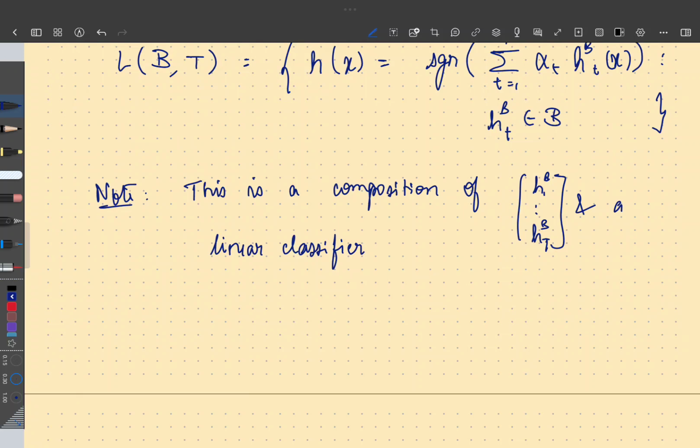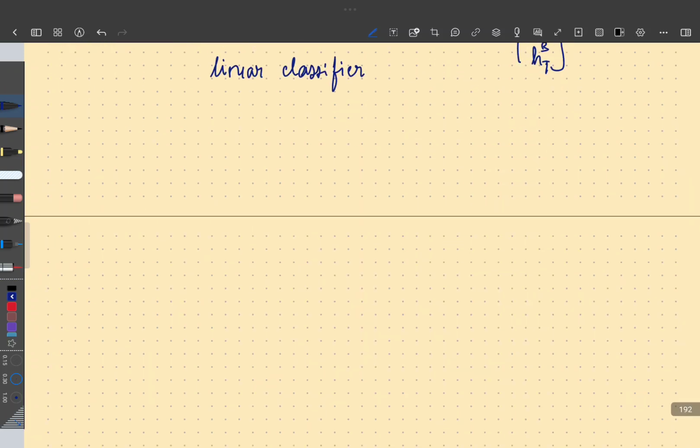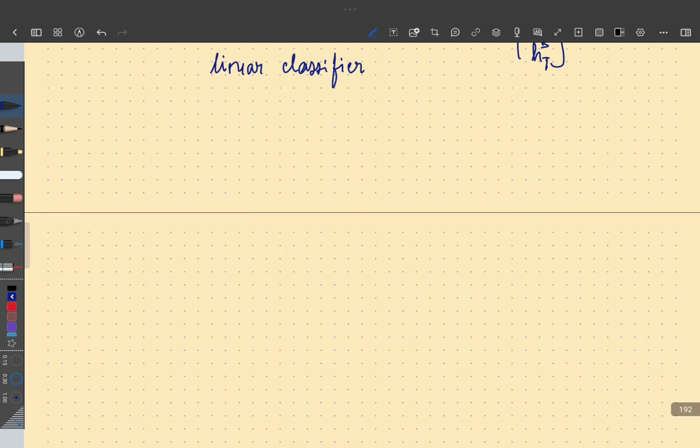And in fact, we'll make use of this property in deriving an upper bound on the VC dimension. So here's the main result.